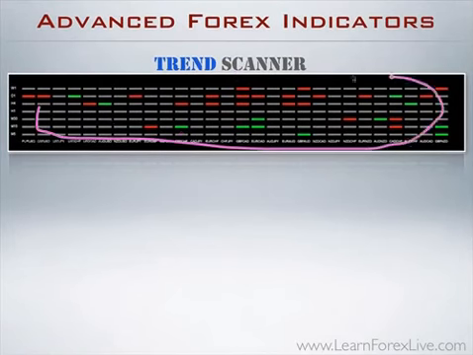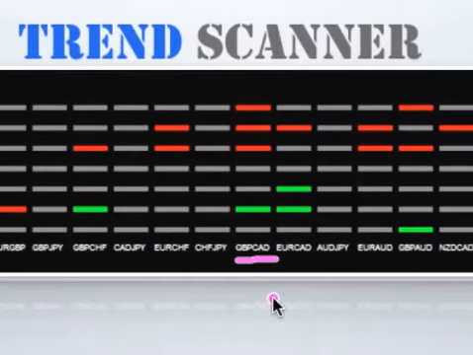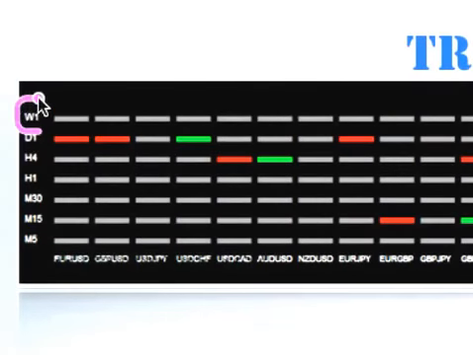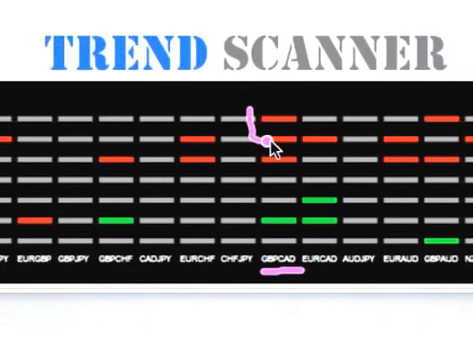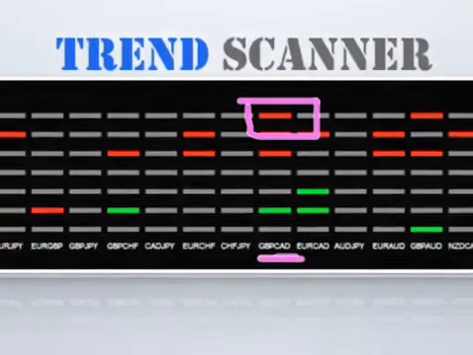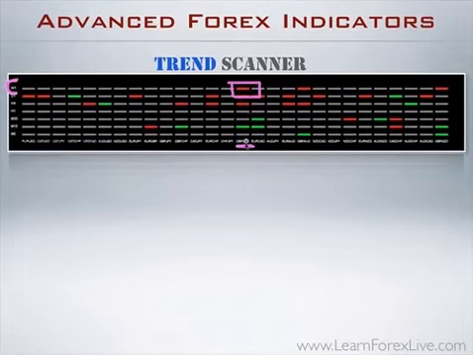Let me just pick any random reading here. For example, this one, the sterling pound against the Canadian dollar. On the weekly time frame, the indicator is calling for a solid downtrend here. Do you see that red square there? That means that the sterling pound against the Canadian dollar on the weekly time frame is downtrending.